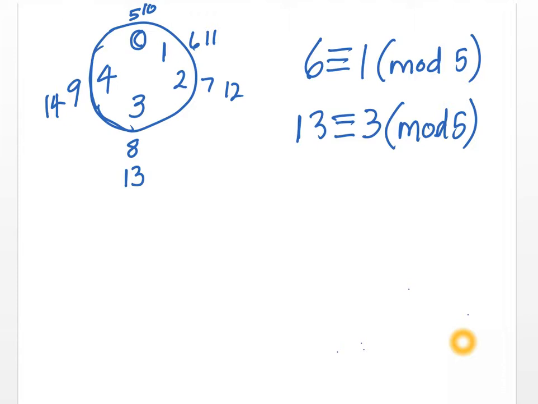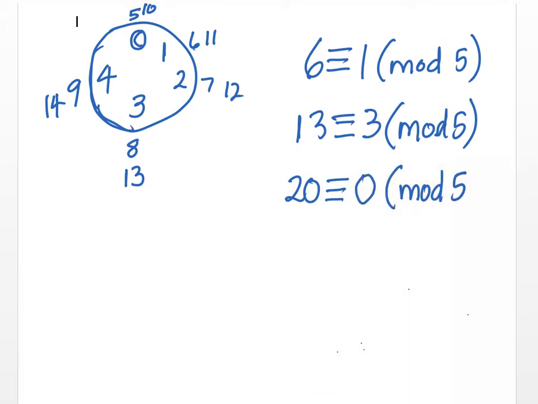For example, let's work out, say, 20 modulo 5. So 20, what's the remainder? 5 goes exactly into 20. So 20 is congruent to 0 mod 5.